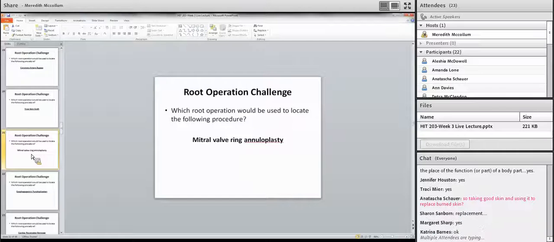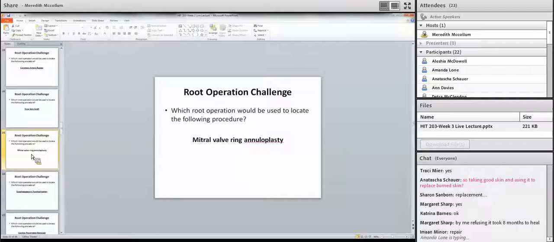Okay, mitral valve ring annuloplasty. Plasty does mean repair, but some of you guys answered this with the other one.